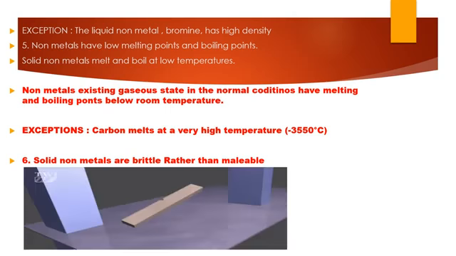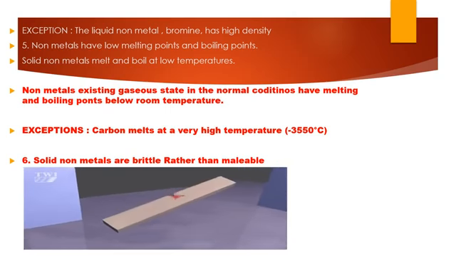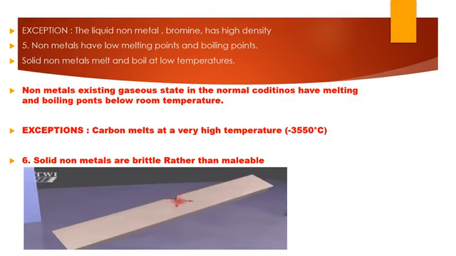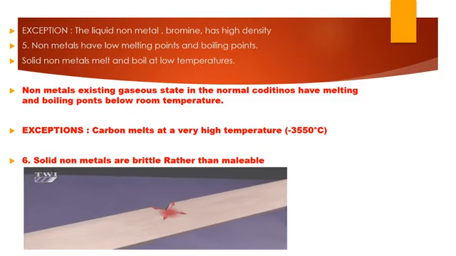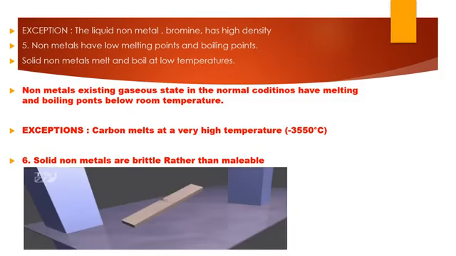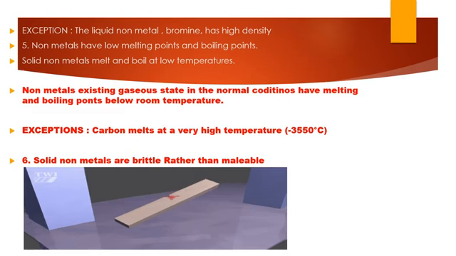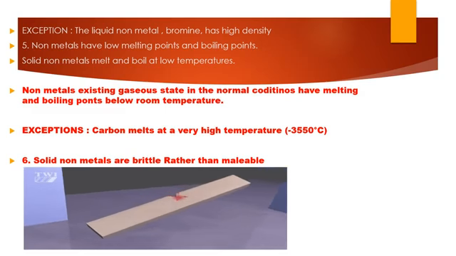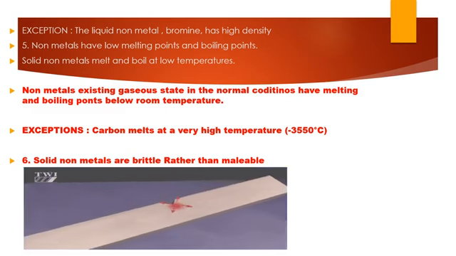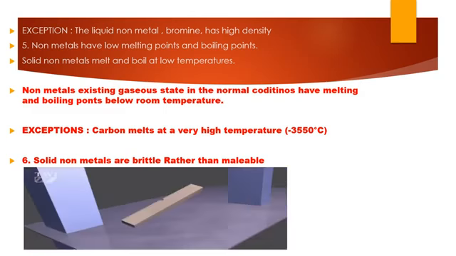The fifth point is non-metals have low melting points and boiling points. Solid non-metals boil at low temperature. Metals have very high boiling and melting points, but non-metals have low melting and boiling points.